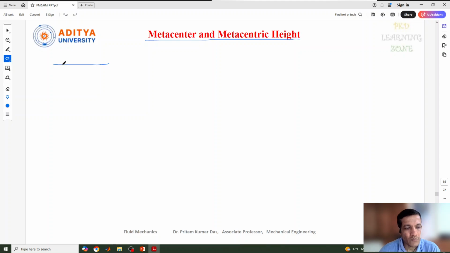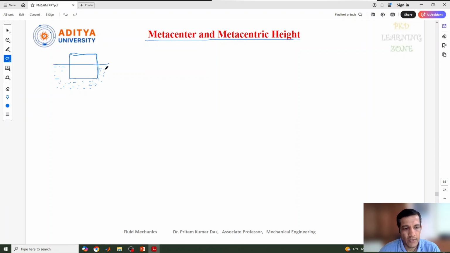Okay. So there is a water surface line, and in this a body is floating, suppose. Now here, the density of the water which is present here is obviously more than the density of the object which is floating.